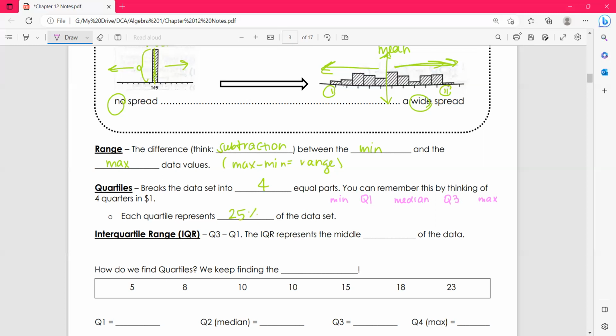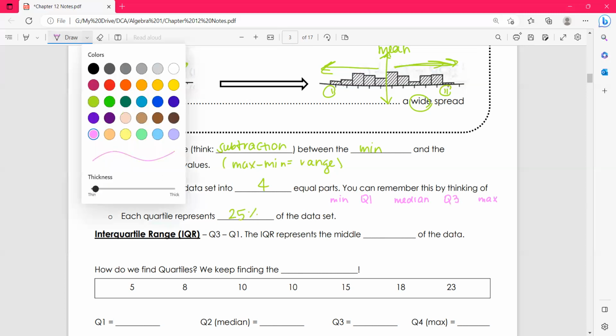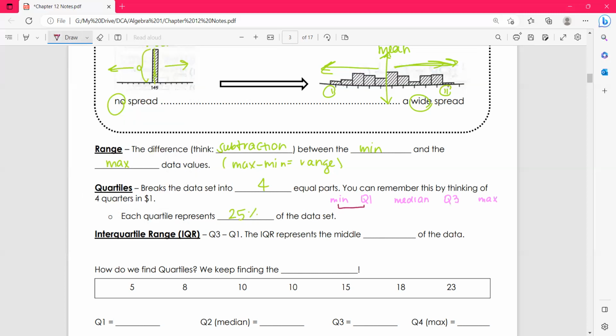And so you need to remember those 5 distinct values. And here's the first quarter, second quarter, third quarter, fourth quarter, okay? 25% of the data is here, 25% of the data is here, 25% of the data is here, 25% of the data, 4 equal parts.